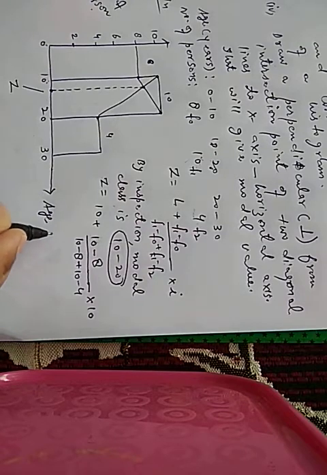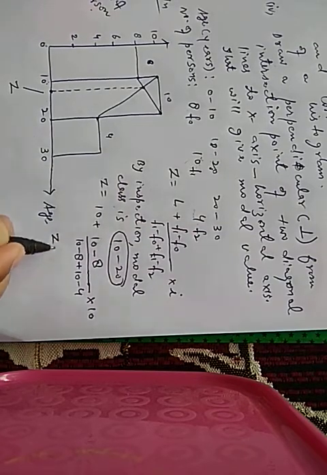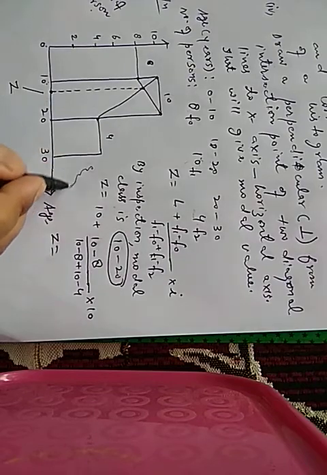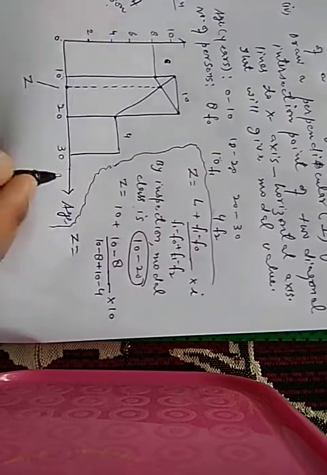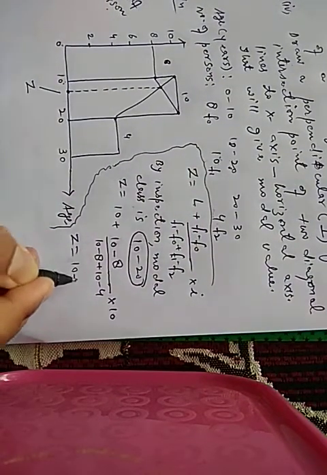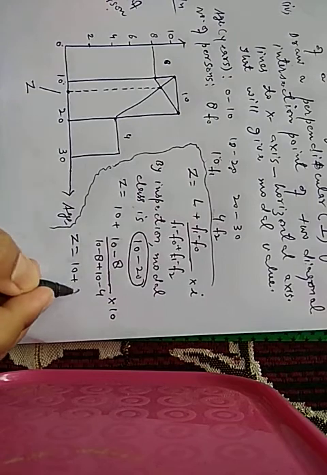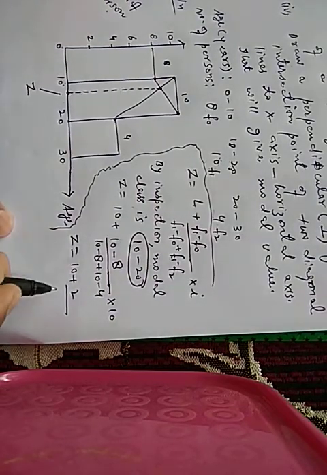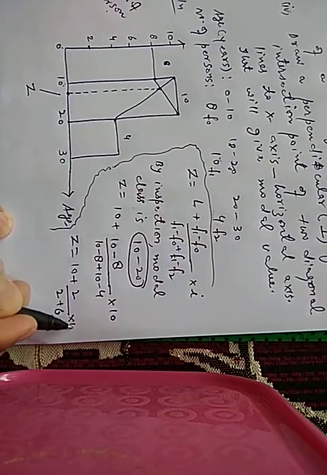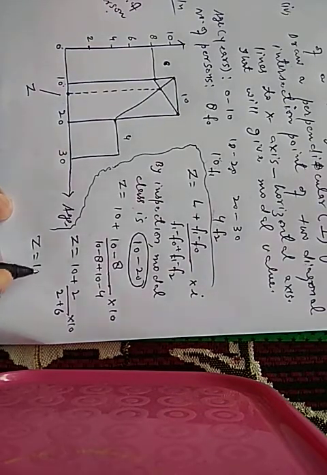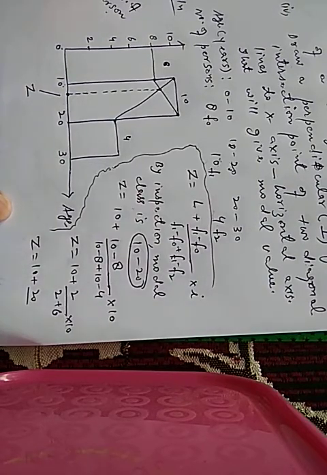Z will be equal to 10 plus (10 minus 8, which is 2) divided by (10 minus 8, which is 2, plus 10 minus 4, which is 6) multiplied by 10. Z will be equal to 10 plus 20 divided by 8.